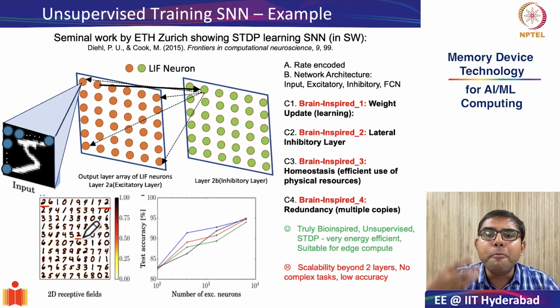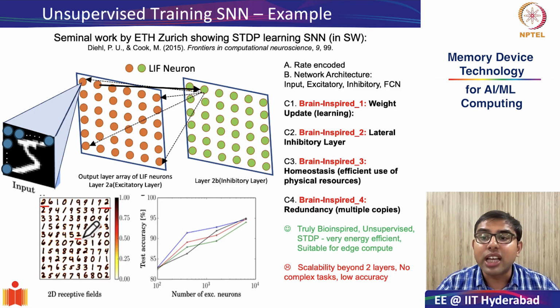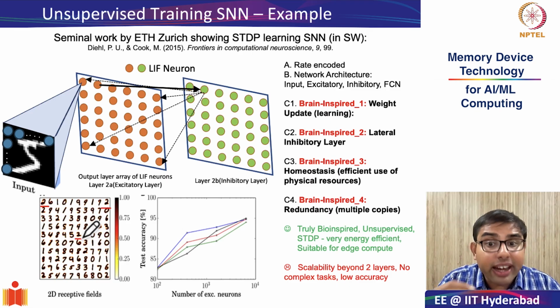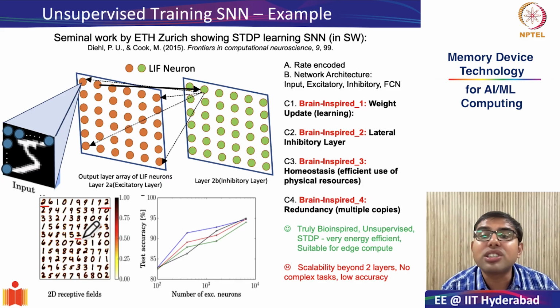This not only improves the fault tolerance, but also increases the chance that the network can correctly recognize a noisy or distorted input. In this case, the distorted input will be different strokes of writing the same numeral because these are handwritten digits.